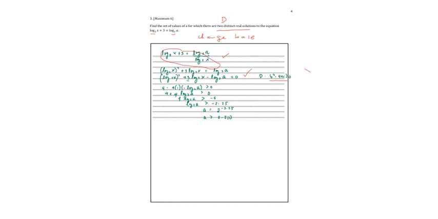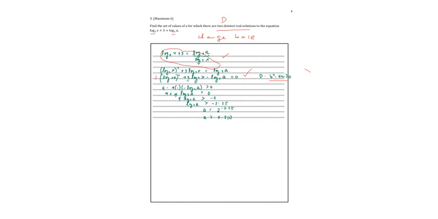So b squared, 3 squared is 9. Our a here is 1. So 4 times 1 times our c, log base 2 of a, must be greater than 0. So 9 minus 4 log base 2 of a is greater than 0.